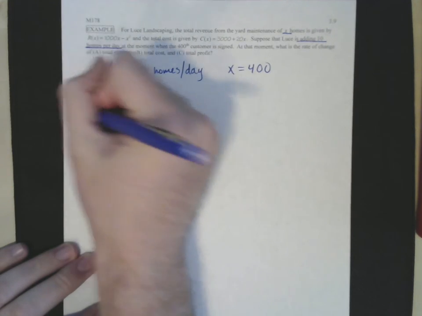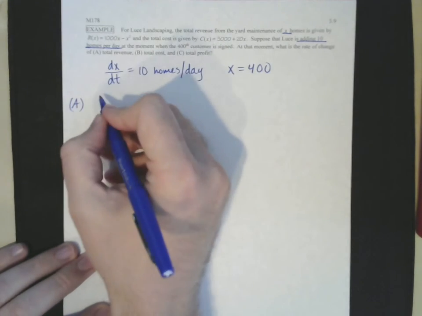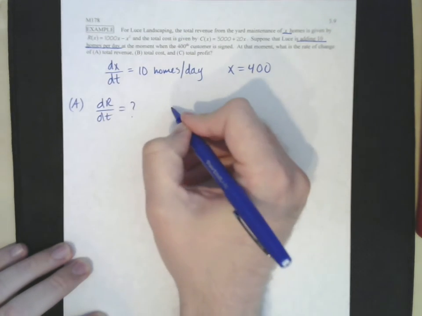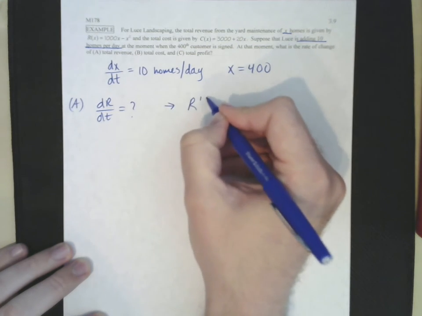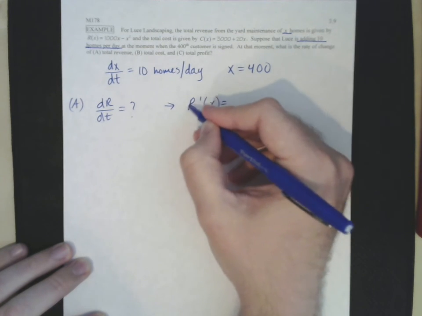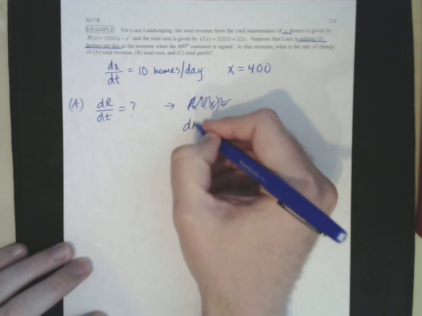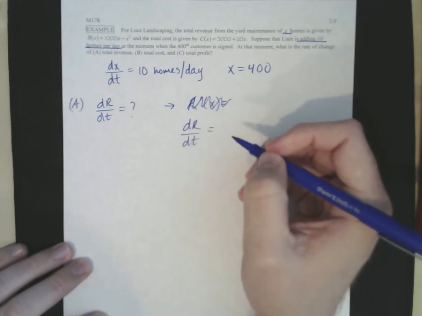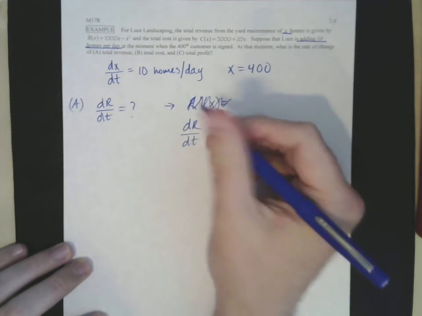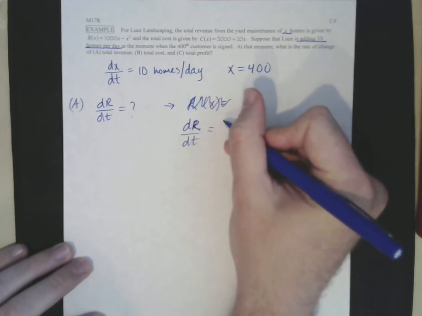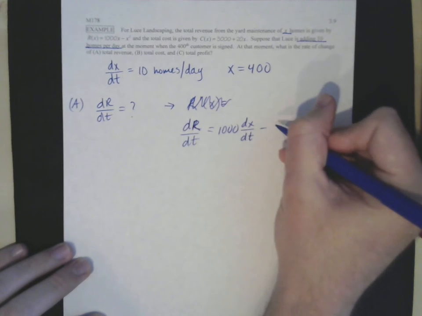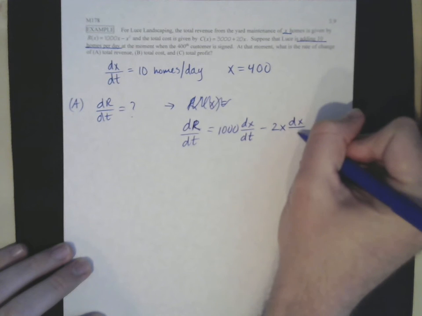So in part A, we are trying to find dr dt. That's what we want. So we're going to take the derivative of r of x, r prime of x. But we're not doing r prime of x, so scratch that. We want dr dt, which treats r as a function of t and x as a function of t. So we take our derivative, 1000 dx dt minus 2x dx dt.